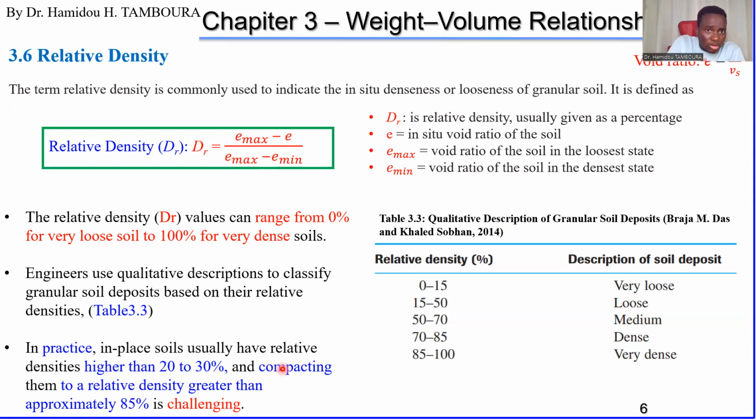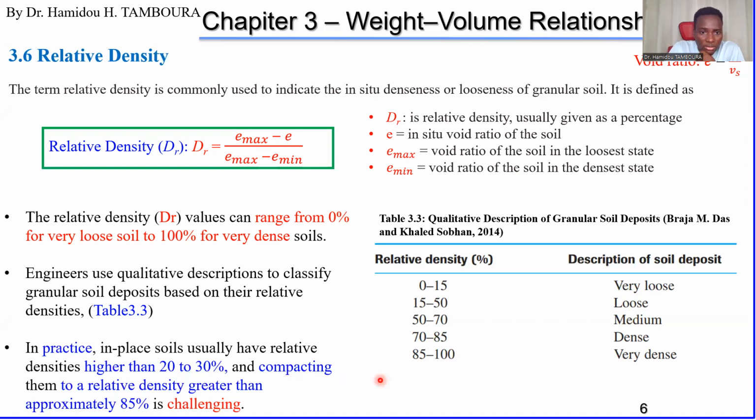If you reduce the volume of the soil, we are actually reducing the volume of the void in the soil. So this V will decrease. If the volume of void decreases, it means the soil will become dense.